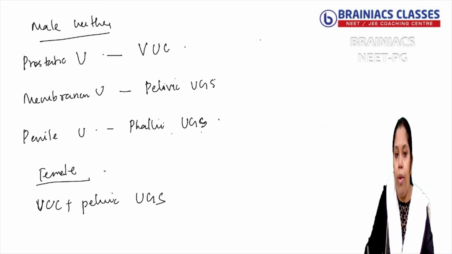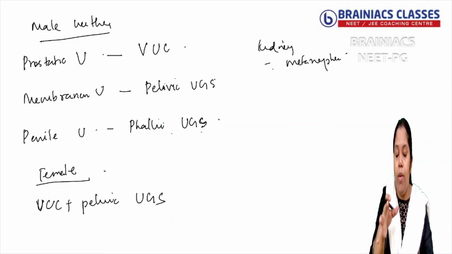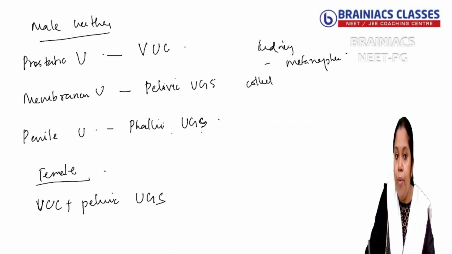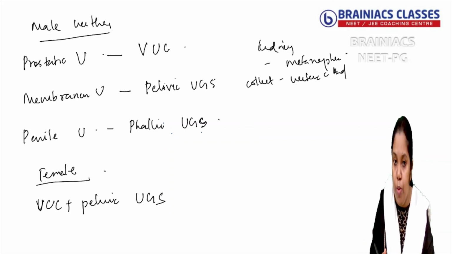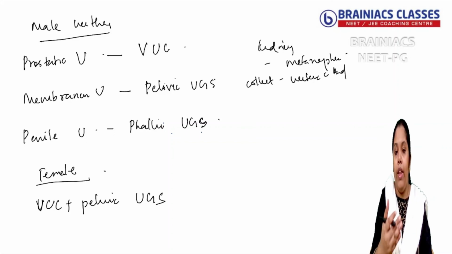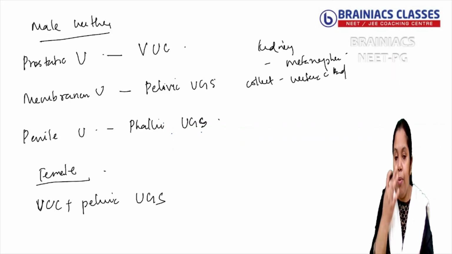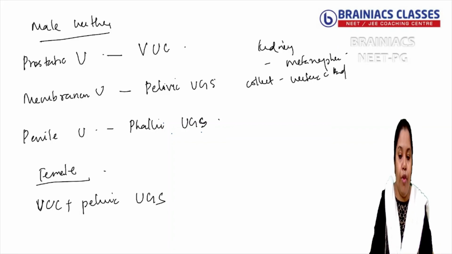I told you kidney is from the metanephros, the secreting part is from the metanephros, the collecting part is from the ureteric bud, right? Then we have seen the trigone is from the mesonephric duct, the glomerular mesangial cells and the vasa recta are from the angioblastic cells, right? Then the lower part is from the primitive urogenital sinus. Okay, so this is about the development of kidney, right?